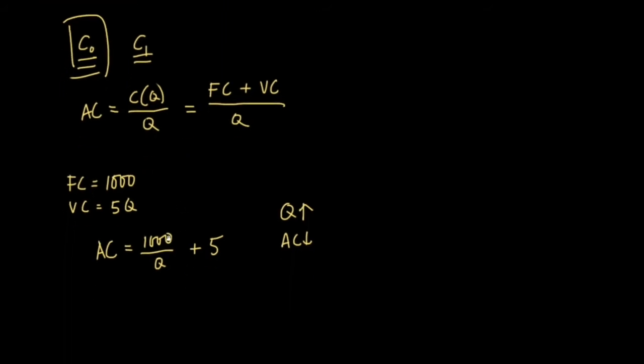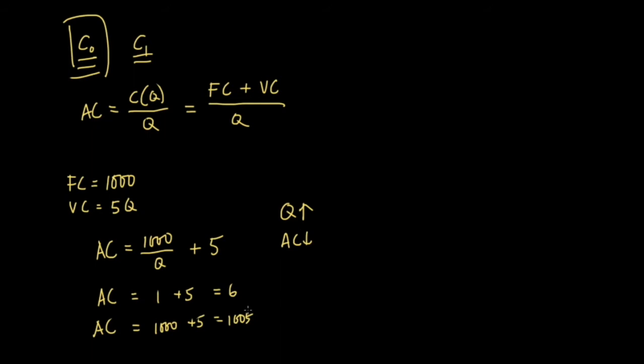If Q becomes 1,000, then AC would be equal to 1 plus 5, which is 6. Whereas if Q was equal to just 1, then AC would be equal to 1,000 plus 5, which is 1,005, way, way larger than 6.